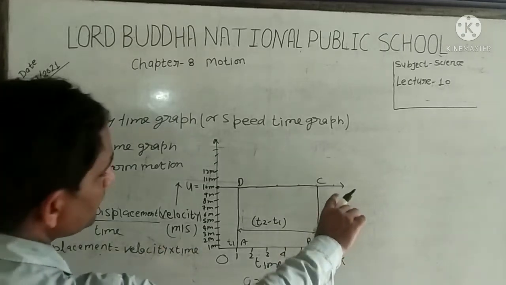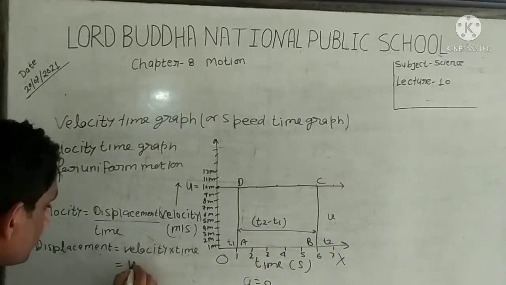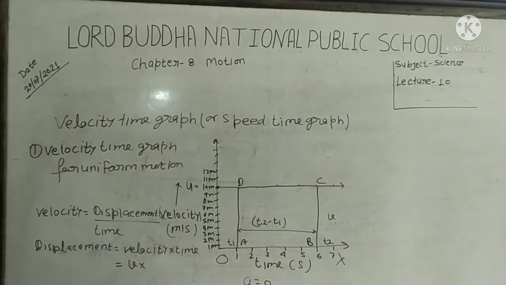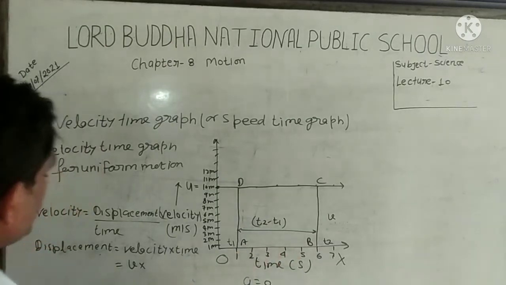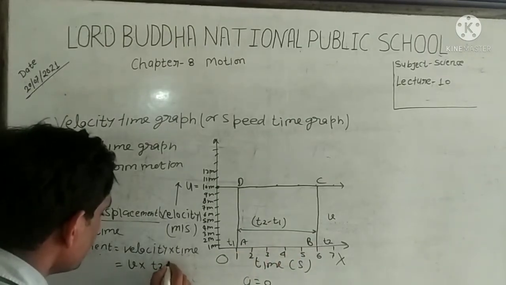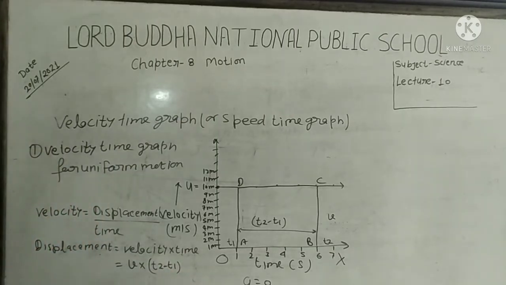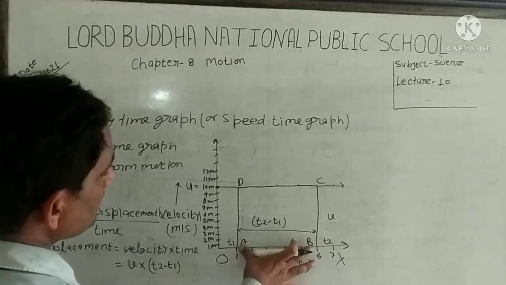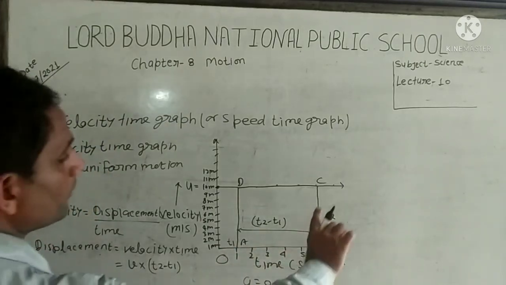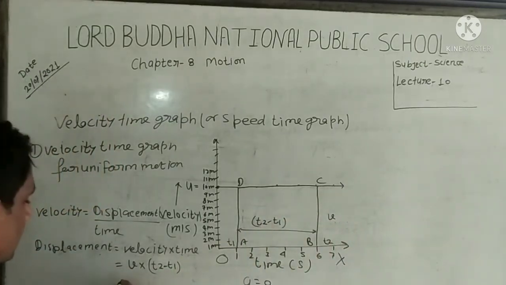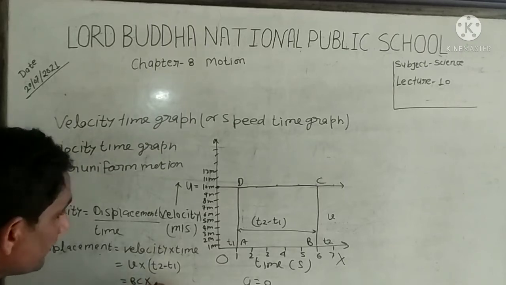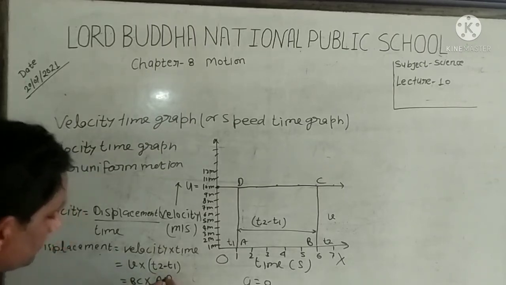Here velocity is v, and we calculate the displacement between the times T1 and T2. The time interval is T2 minus T1, represented by AB, and the velocity is represented by BC, so displacement is BC into AB.